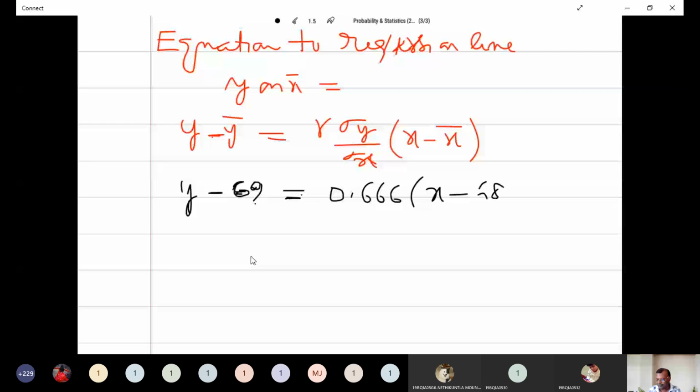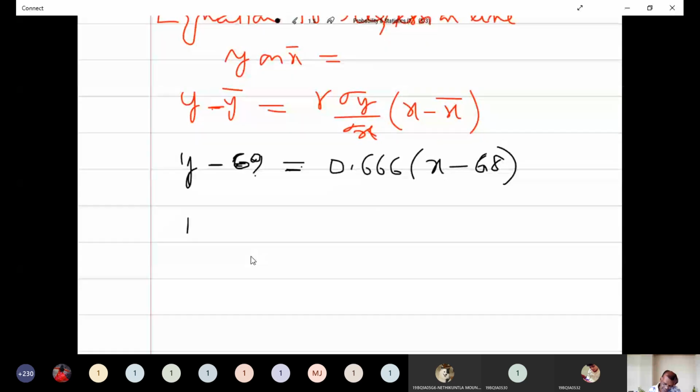Now, therefore, y is equal to, taking this minus 69 to the right hand side, 0.66 x plus, what about the remaining calculation?